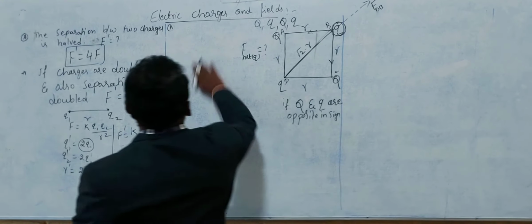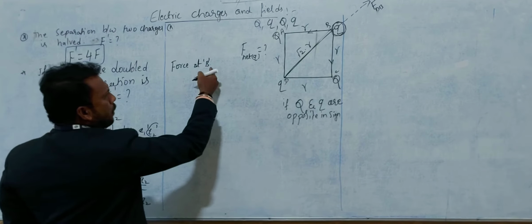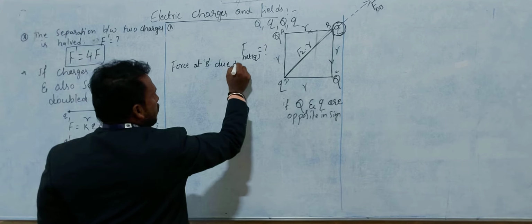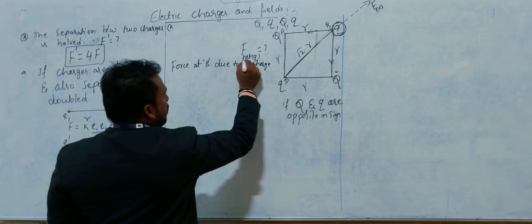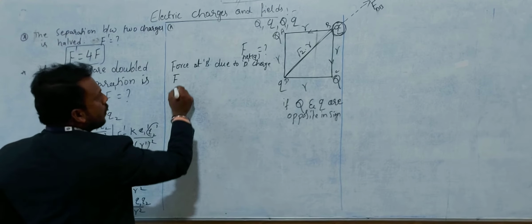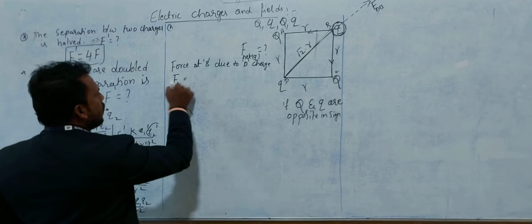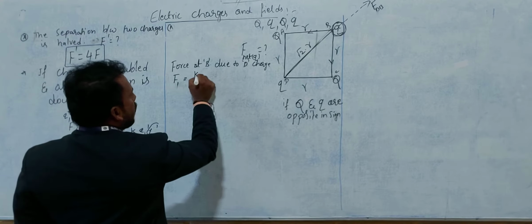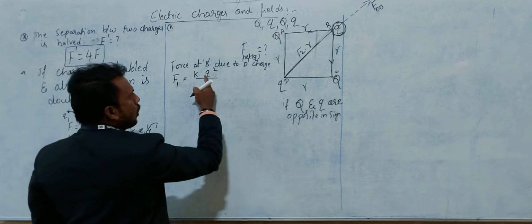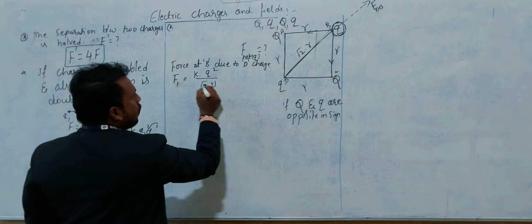How to calculate? First, we calculate force at B. Force at B is nothing but a small q charge is placed at point B. Force at B due to the charge placed at D. Therefore, FDB, or we call it F1, is equal to K Q square divided by the separation root 2R whole square, since Q1 and Q2 are the same.